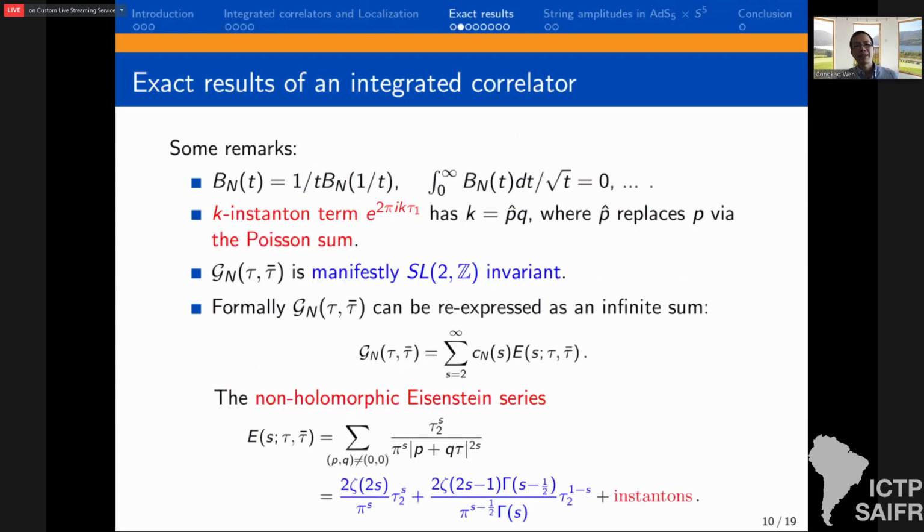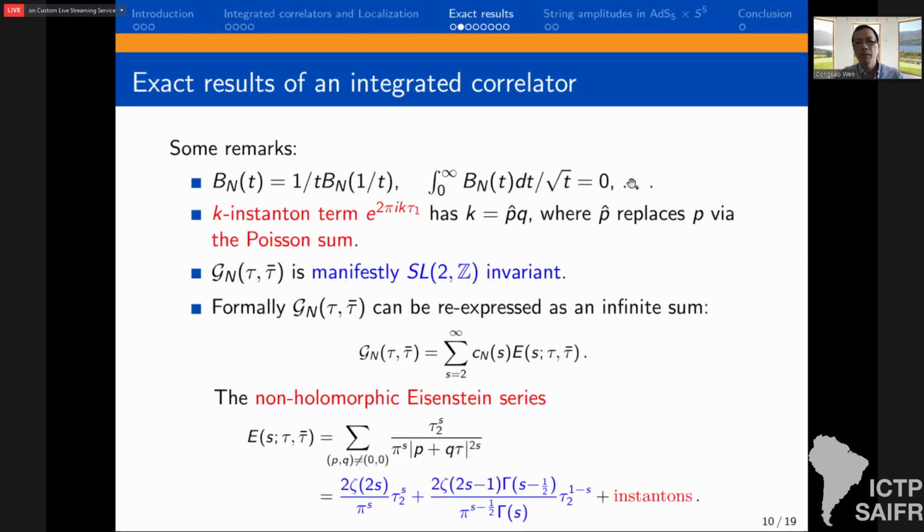Let me make some quick remarks. One is that this rational function has a so-called inversion invariance, namely it's invariant if we take t to 1 over t. That's associated with the symmetry property of the polynomial Q I just mentioned. It also obeys several interesting integral identities. One of them is that if we integrate it over a measure like 1 over square root of t, it vanishes.